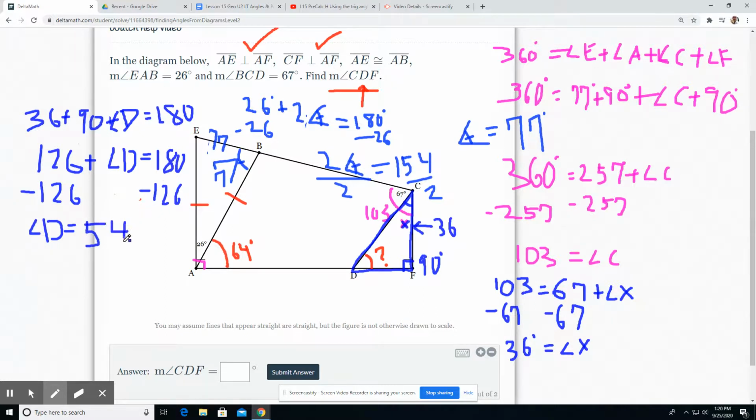Wow, that may have been the longest geometry problem I've ever had. Angle D is 54 degrees. So that's angle CDF, I got 54 degrees.